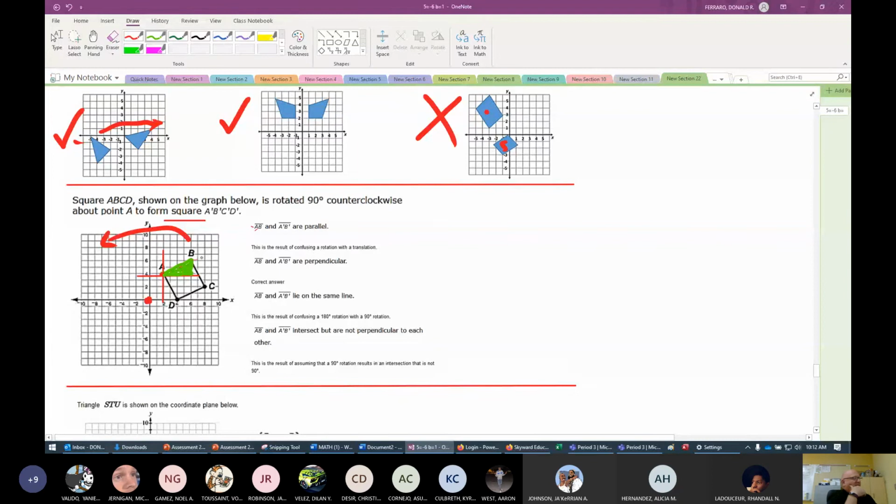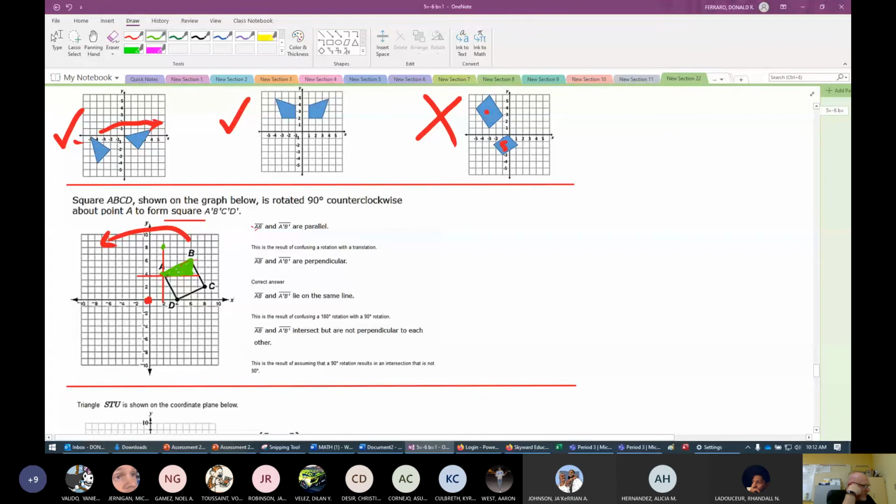Now, what they say is rotate 90 degrees. So I'm going to go from this quadrant here over to the next quadrant. So I am, let's see, 1, 2, 3, 4. And then I am up.